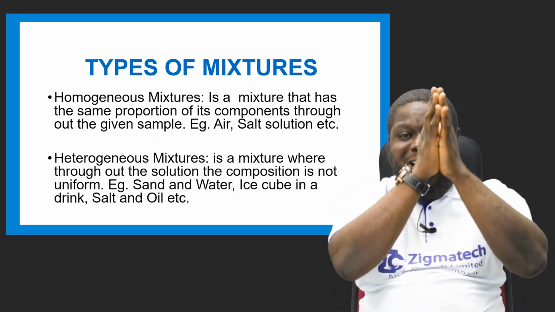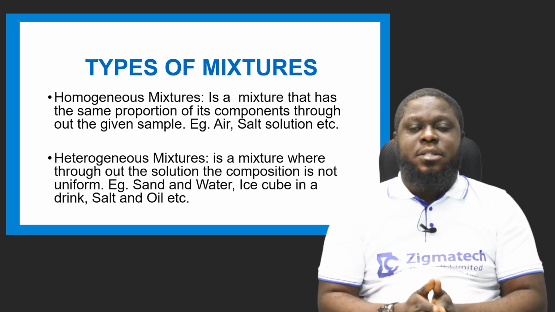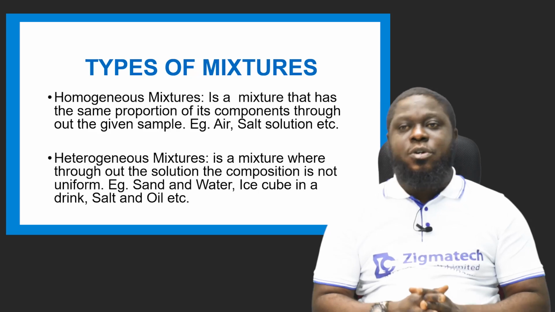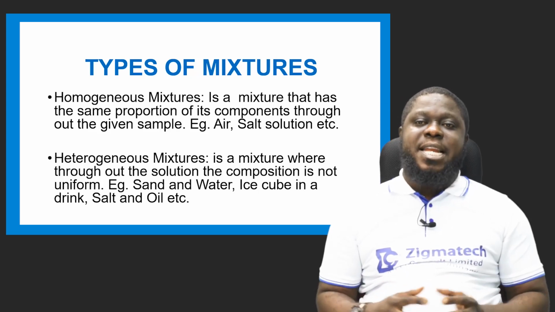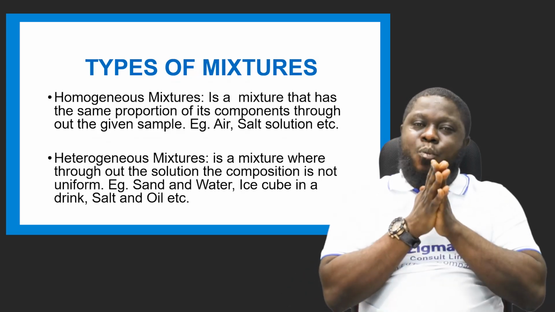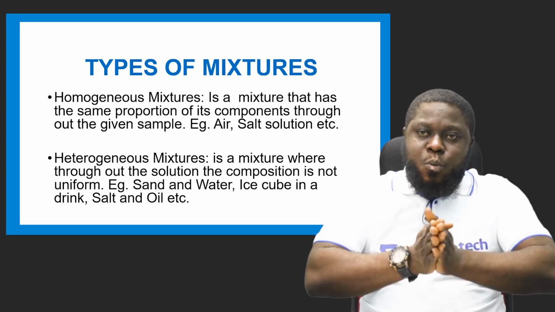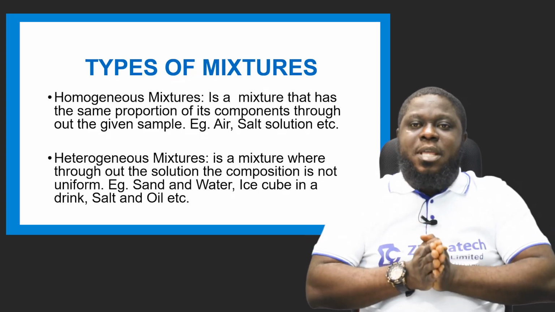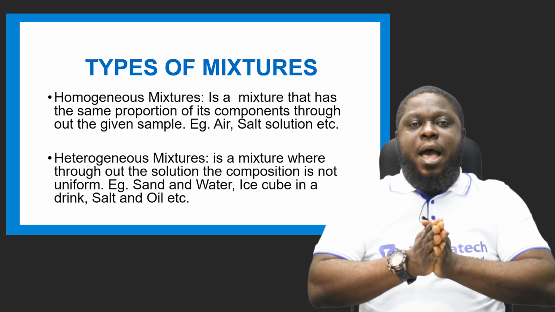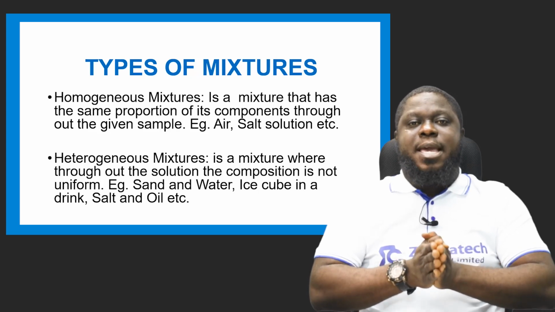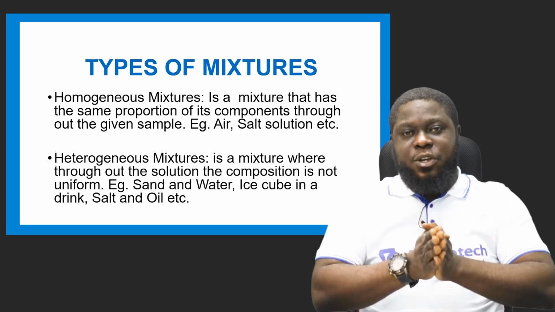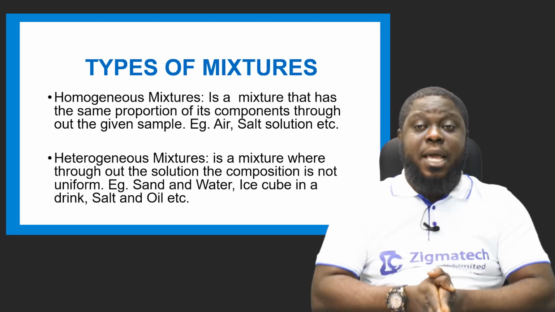It is the same thing as air. It did not give us a different thing altogether. So this is the type of mixture that, when the components come together, gives you one particular proportion, one particular thing. Now, take for example, if the liquid is 10 kilograms and I put salt inside, if I weigh that liquid, it's going to give me 10 kilograms.